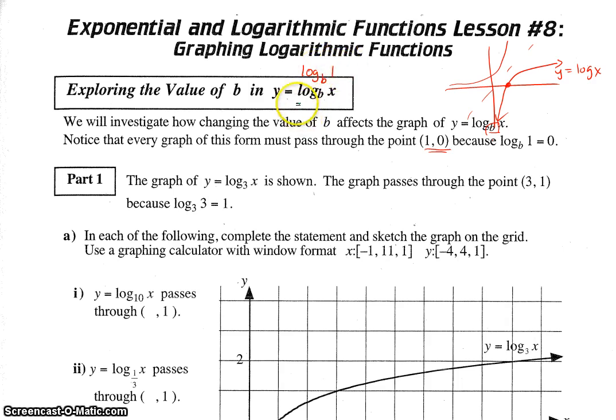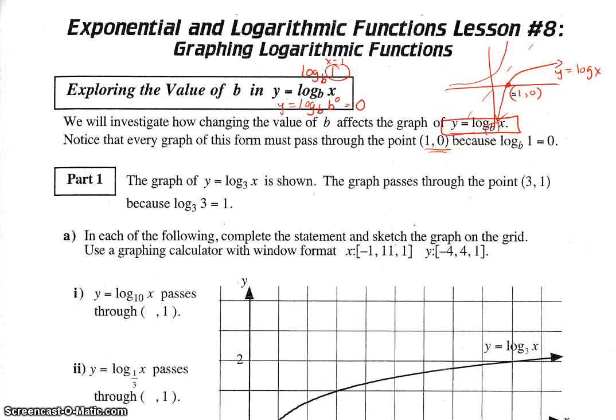So we could have log base b of b to the 0, and that would still equal 1. So in other words, when x is equal to 1, the value of y is going to be equal to 0. The exponent is 0. So this point on any graph in this form is 1, 0.